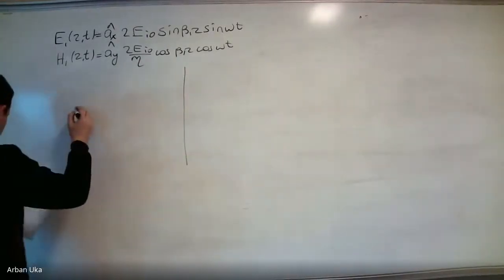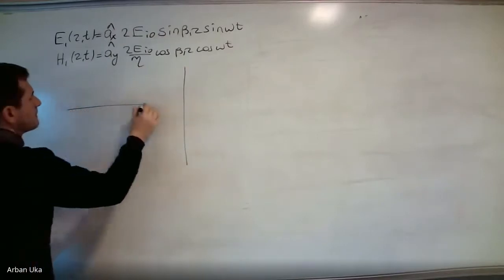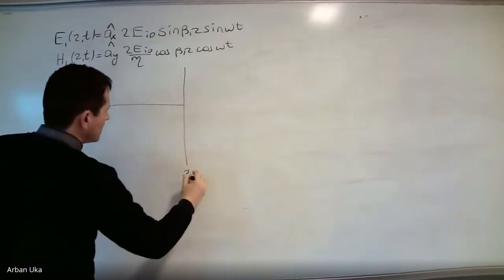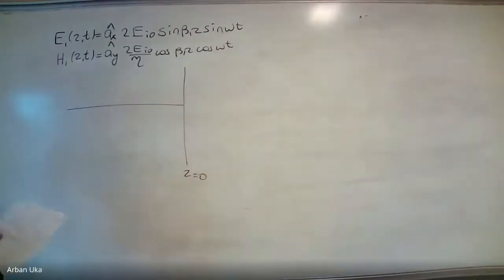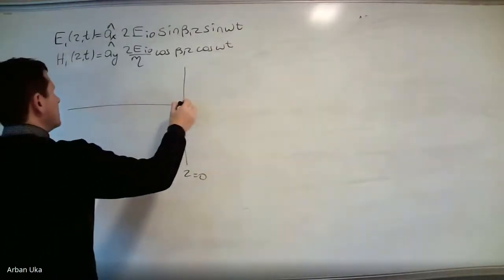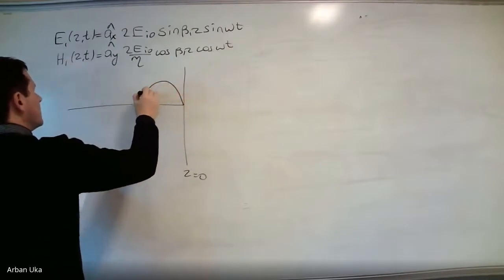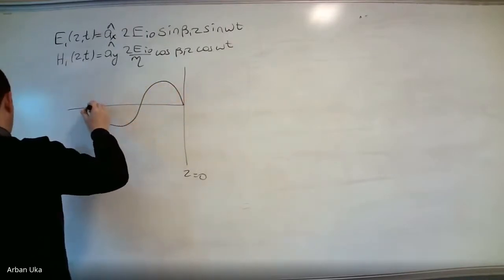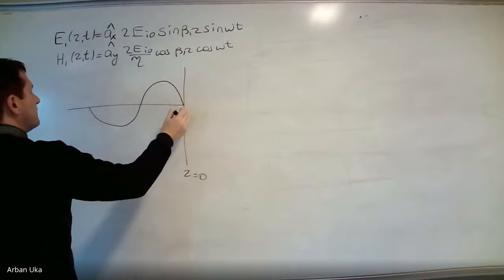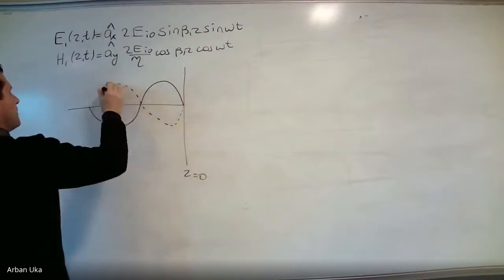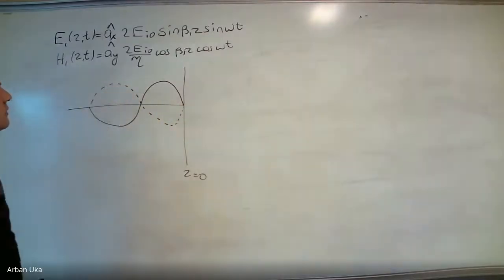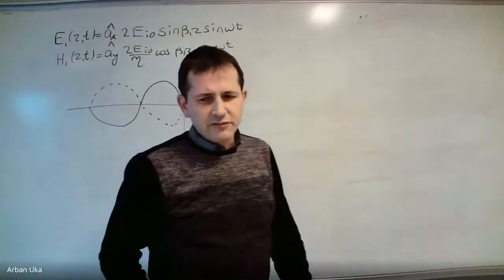Let's assume that this is z equal to 0. And since we have a standing wave, we obtain the following. A standing wave will be defined as a wave whose minima are fixed.